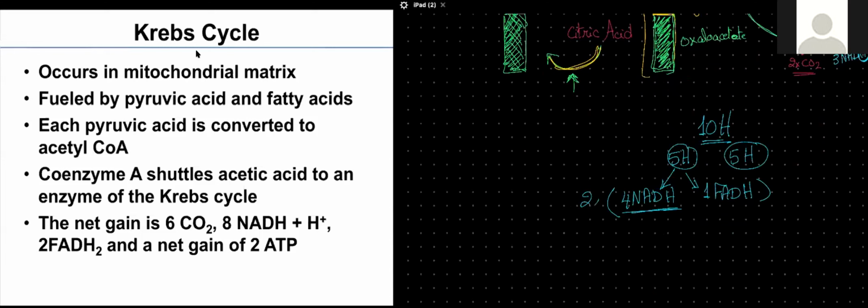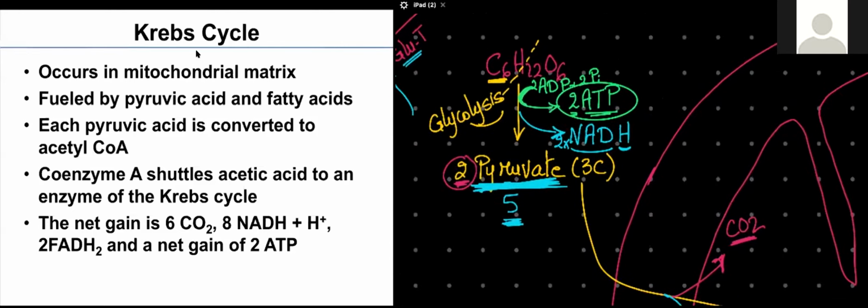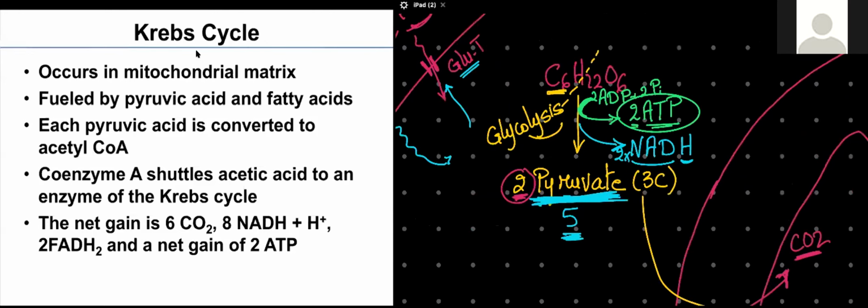So I have a net gain of how many NADHs from each Krebs cycle? I've got 8 NADHs, and I've got 2 FADHs. Again, this is not from each pyruvic acid. This is from each glucose. So each glucose, started here again, did pass through glycolysis.